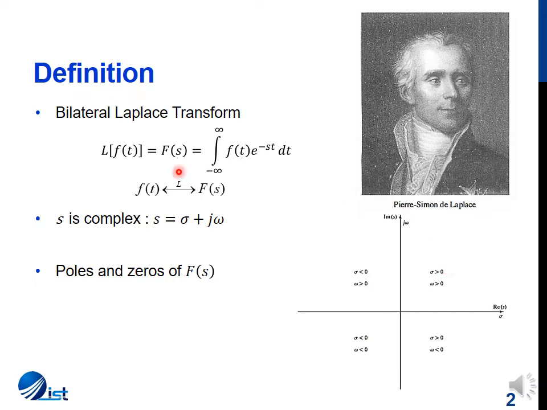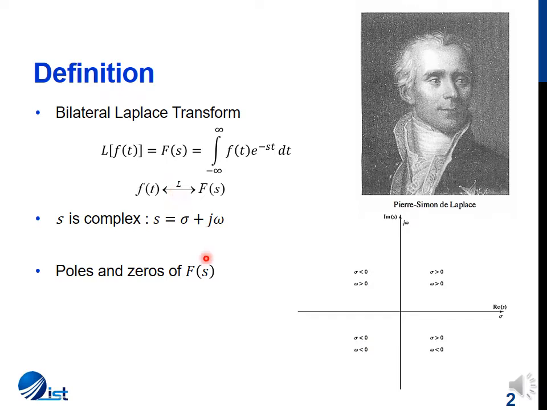Now whenever a function f of t gives us a Laplace transform F of s, the F of s might have a rational form. So in this rational F of s, the roots of the numerator and denominator have different meanings.